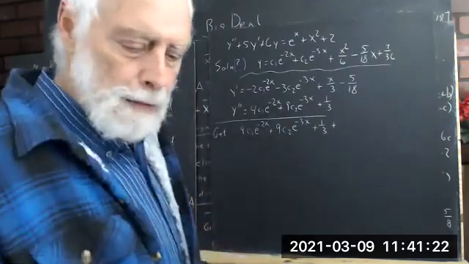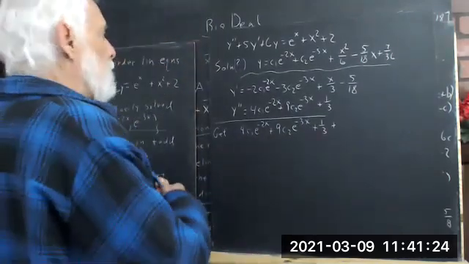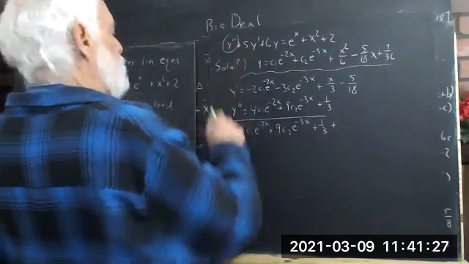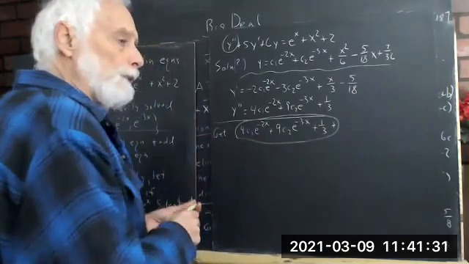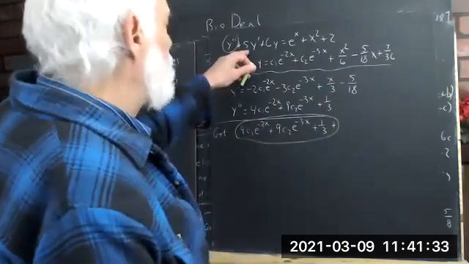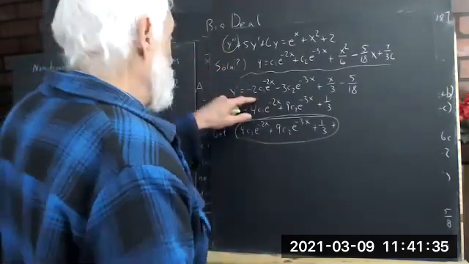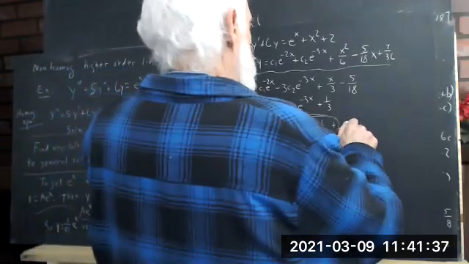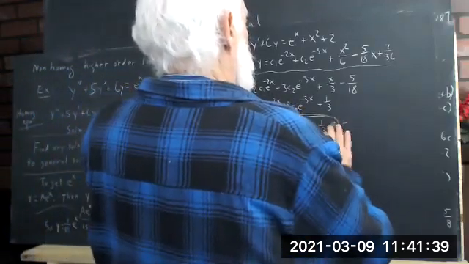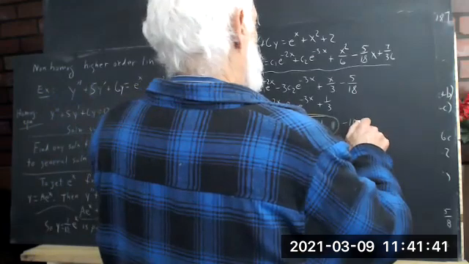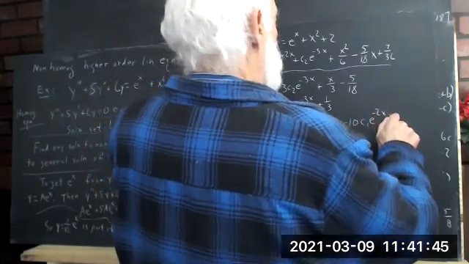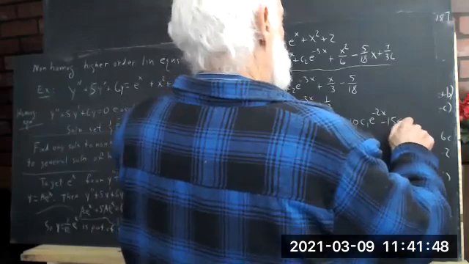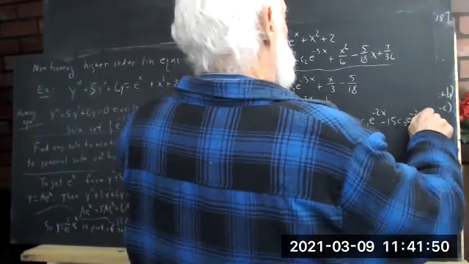And I'll kind of color code these things. Okay, so y double prime will be this. And then 5y prime. Being careful, we're going to get a negative 10c1e to the negative 2x minus 15c2e to the negative 3x.